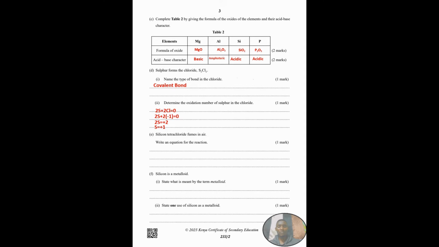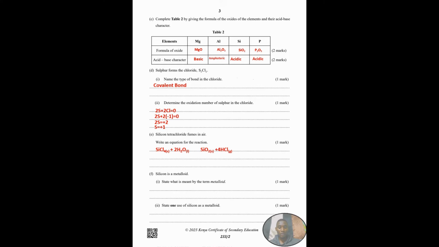At the same time, it also leads to formation of toxic hydrogen chloride gas. So in writing an equation between silicon tetrachloride and water vapor, we obtain silicon oxide, which is a solid, and hydrogen chloride gas, which is the toxic gas that we are talking about.